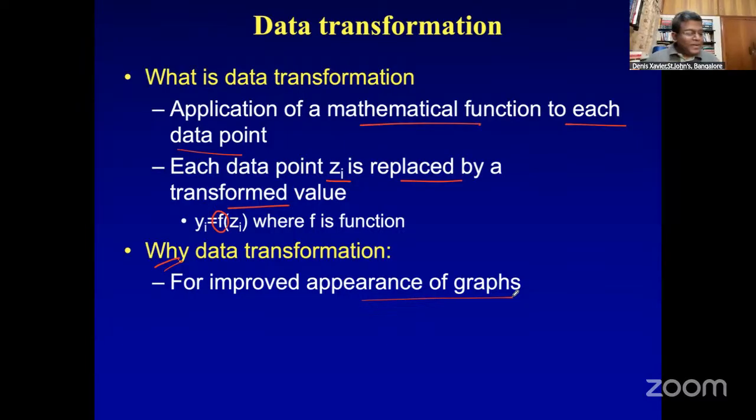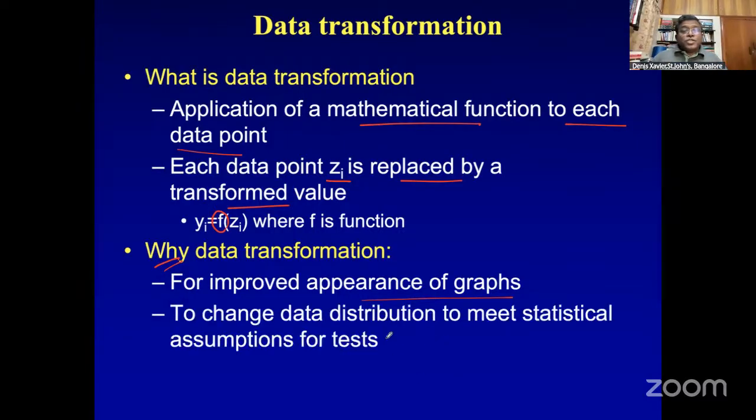To change the distribution to meet statistical assumptions for tests: you want to do a parametric test, but your data are not normally distributed. It does not fulfill your criteria for doing a parametric test, and you want to do a parametric test. Keep in mind, parametric tests are always more powerful. So you transform your data.